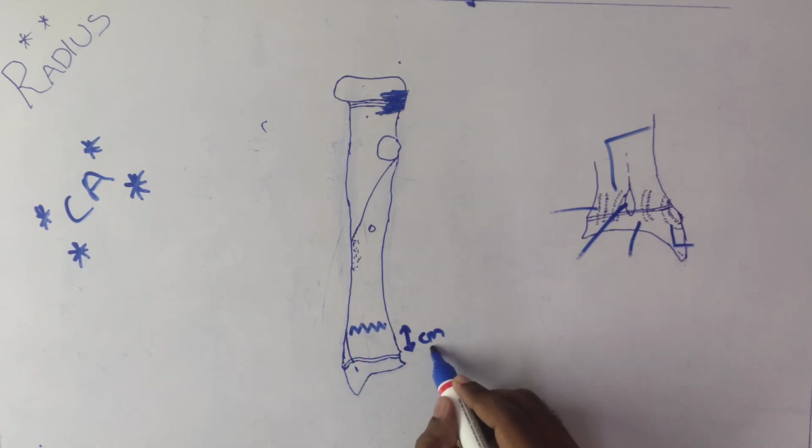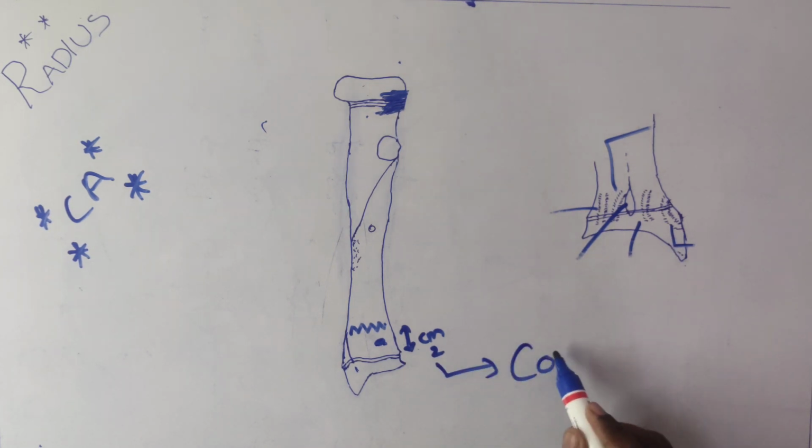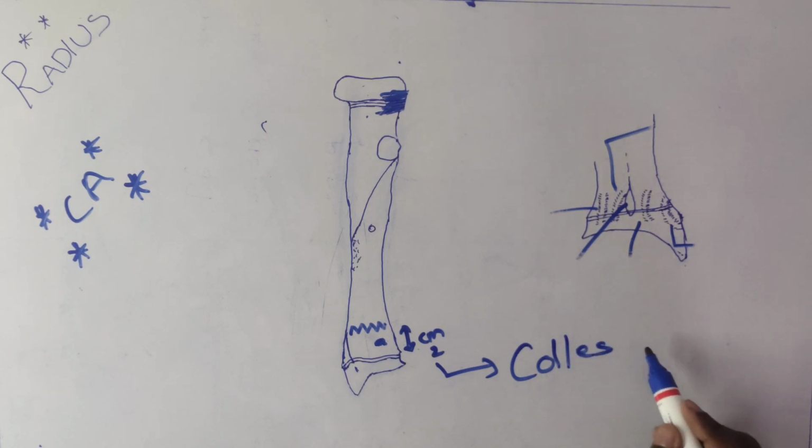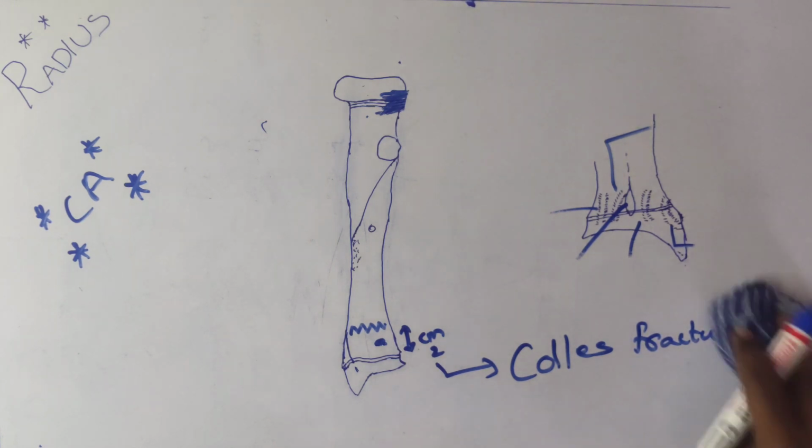The Colles fracture is caused by a fall on an outstretched hand. Very important.